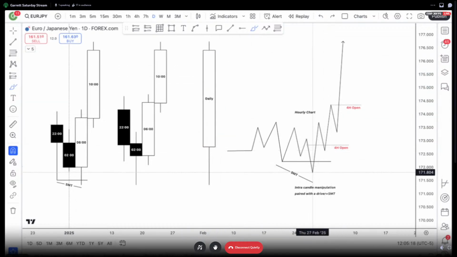So this is where you're going to have fractal models. This is almost like AM's approach. My approach is very similar to AM, where I like to trade away from protected highs and lows within the daily candle. But I also incorporate candle openings, just like T does. I don't think AM really does that.